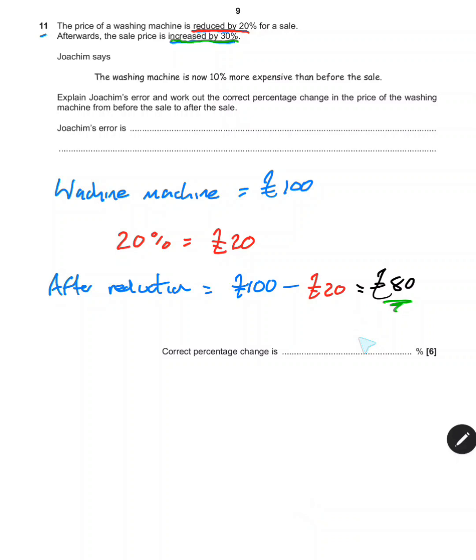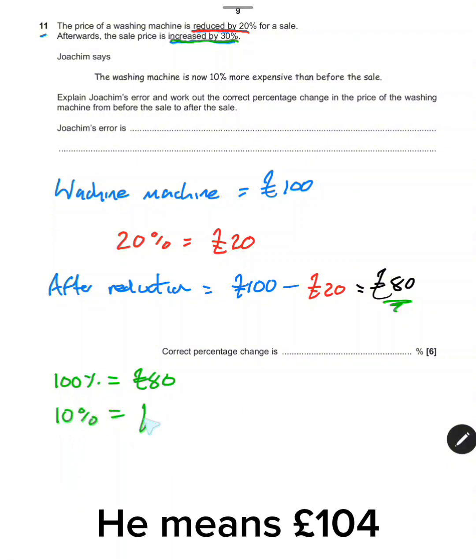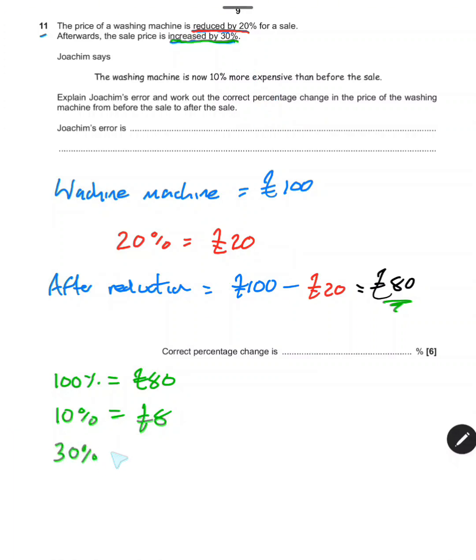So I'm going to do that a bit more slowly. If we know now that 100% is £80, 10% is £8, we want a 30% increase. So I need to find 30%: 8, 16, £24.